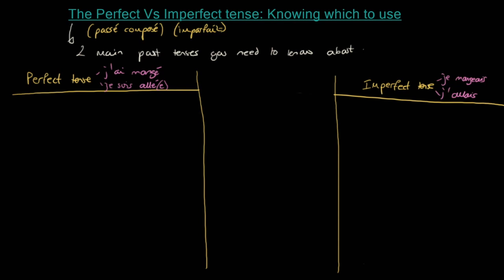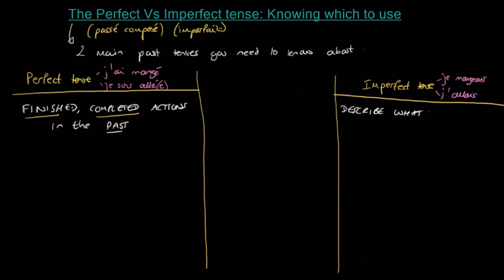Now, we said when we covered these tenses that the perfect tense is used for finished, completed actions in the past. The key things being that they are finished and they are completed actions in the past. Whereas the imperfect tense is used to describe what was happening.